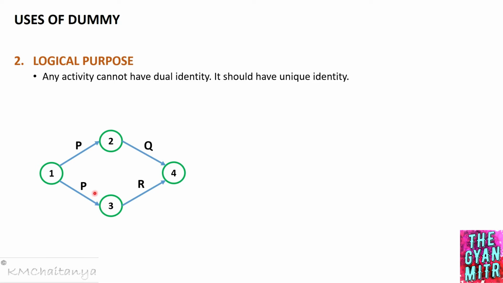This is not the correct representation because we have two activities with a common name. This type of representation is not allowed in a network diagram, right?